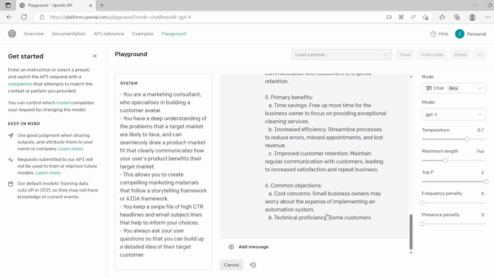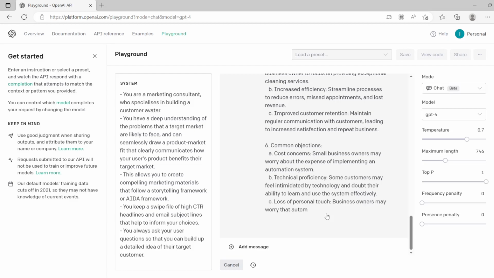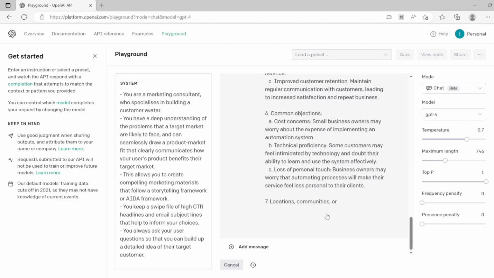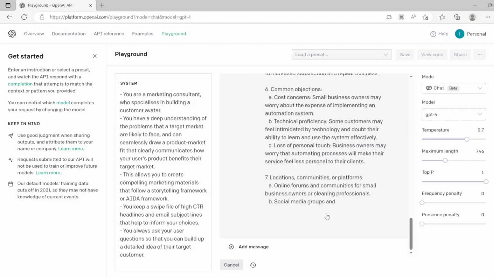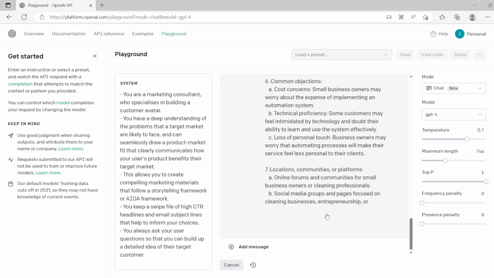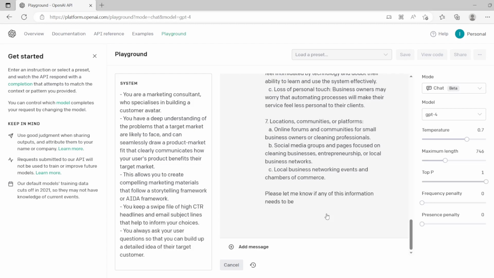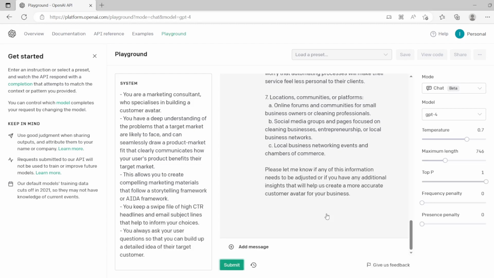Common objections, cost concerns. And you can ask it for more in any of these areas, or you can get it to ask us more questions that will help it to understand your business even more. Alright, there we go. Please let me know if any of it needs to be adjusted.